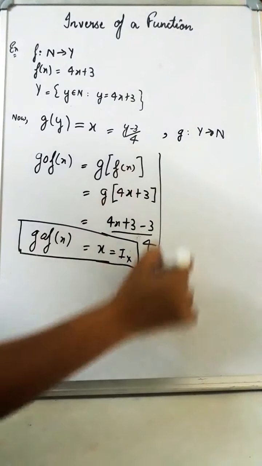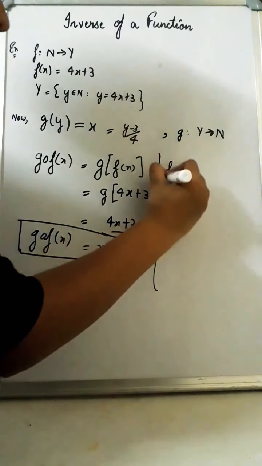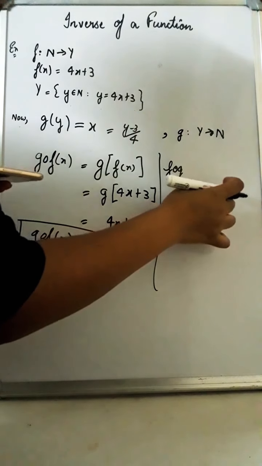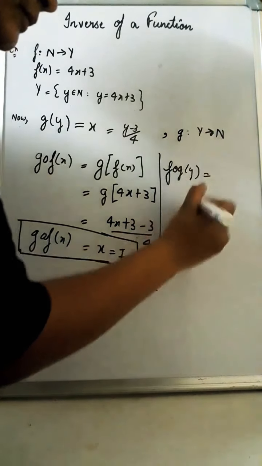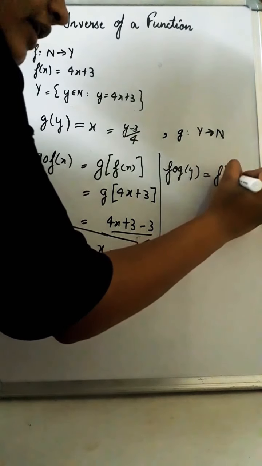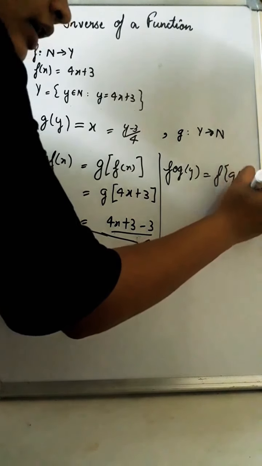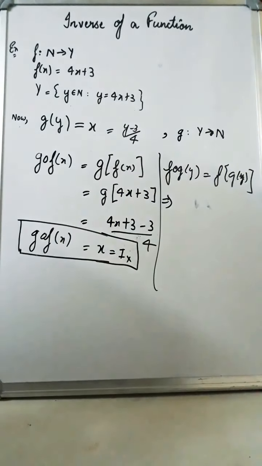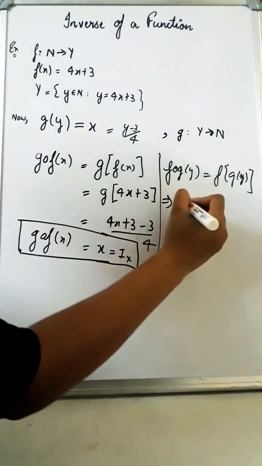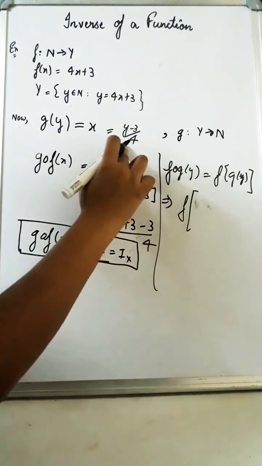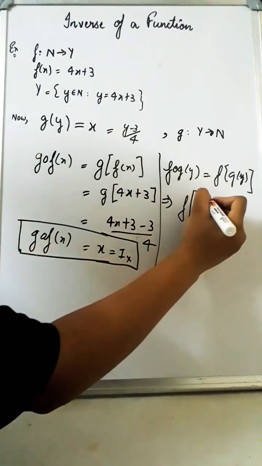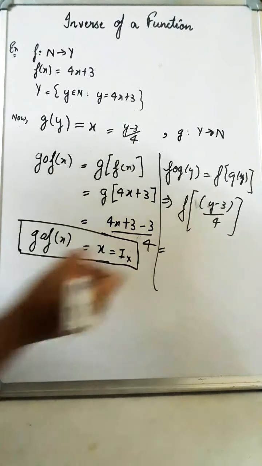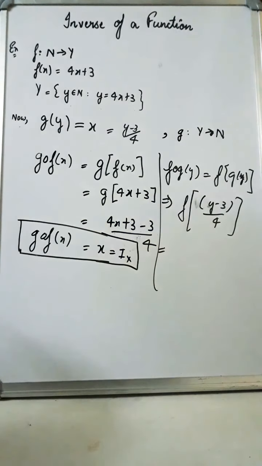Similarly, if you check for f of g, suppose f of g of y is what? f operated on g of y, right? So what is g of y? (y minus 3) by 4, yes? Right? So again apply function f.